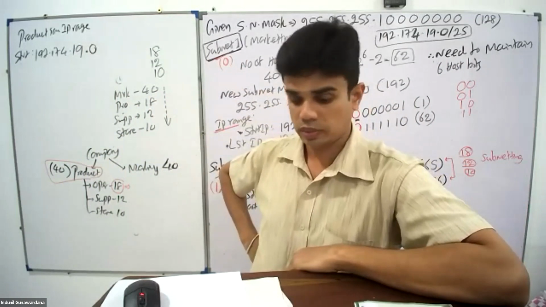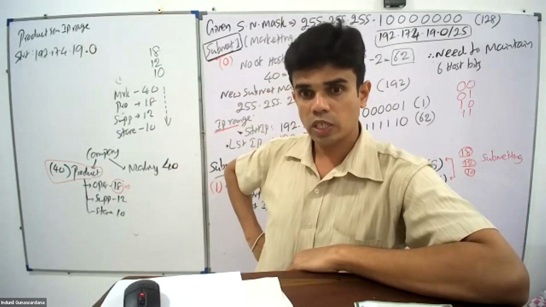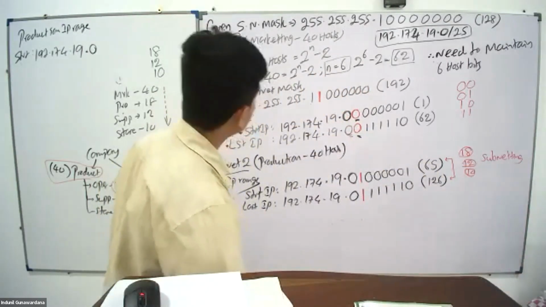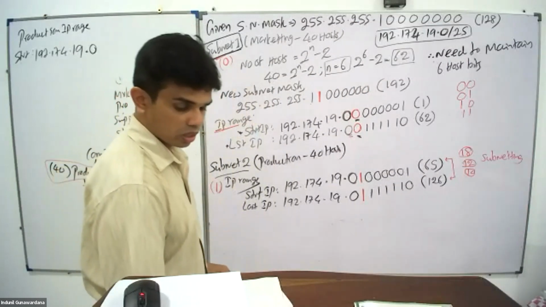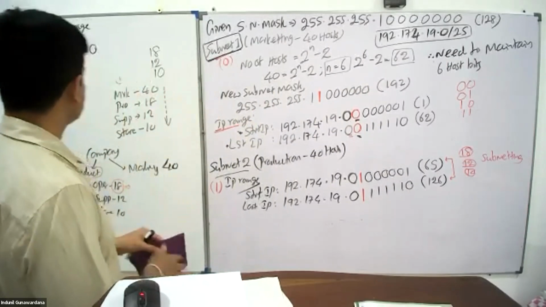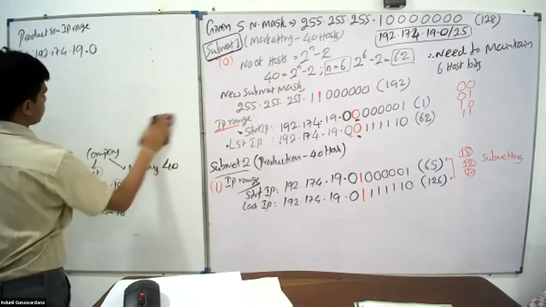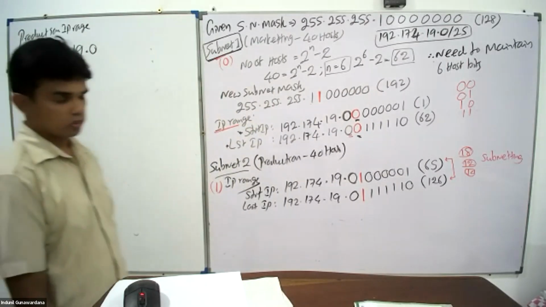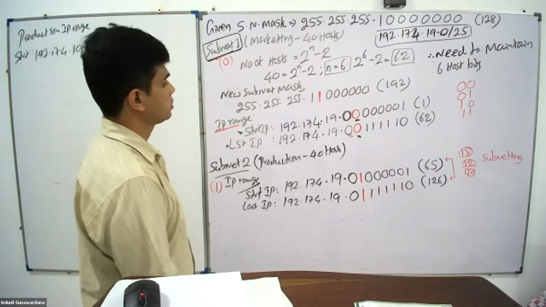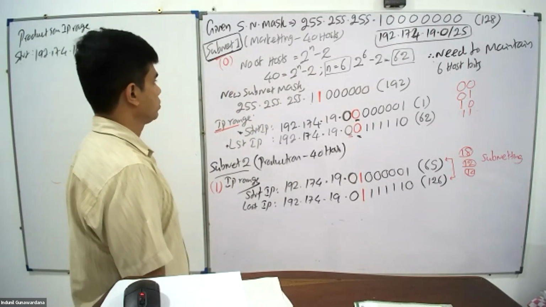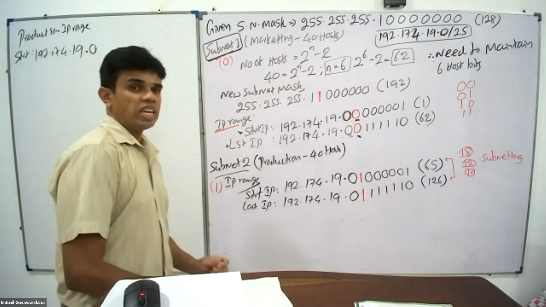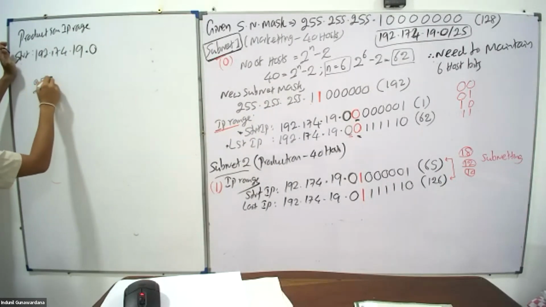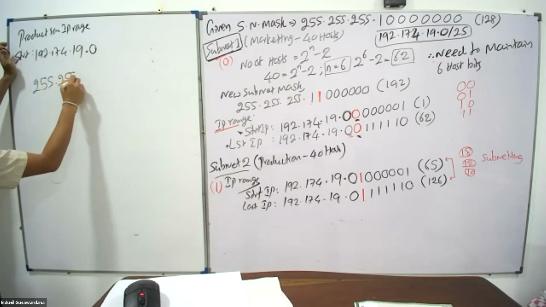Next point. Now, to continue further subnetting of the production department, we need to consider the subnet mask.